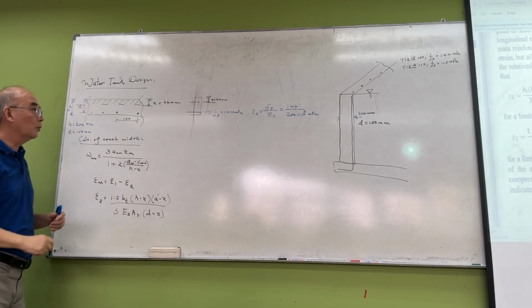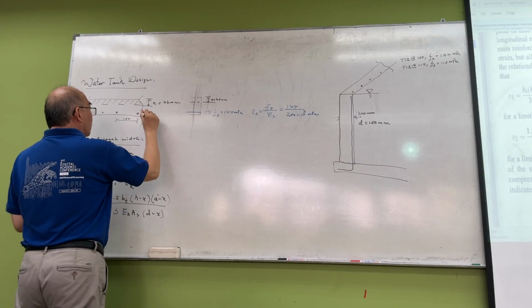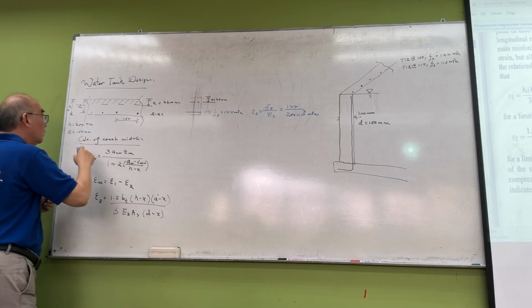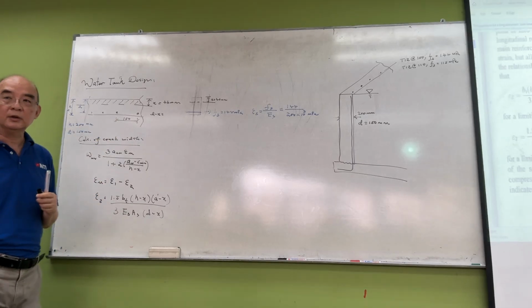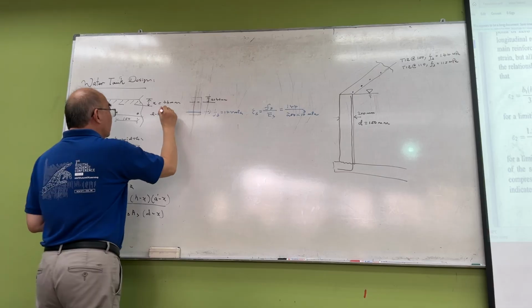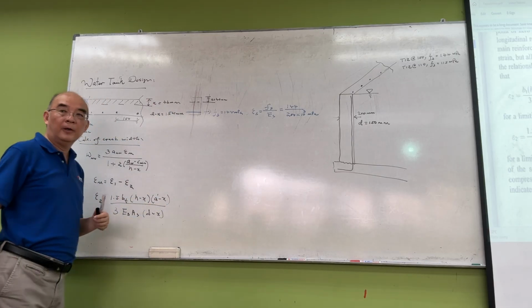Now we have the X, so let's calculate H minus X. The tensile zone is 200 minus 46, which is 154 millimeter.